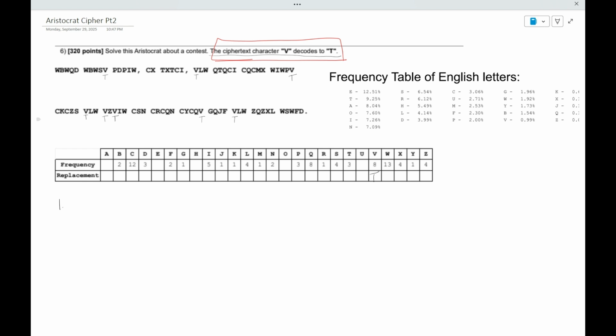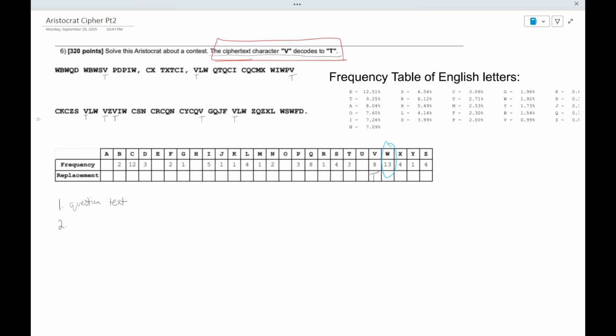Okay, so now that you've looked at the question text and done whatever the hint tells you to do, the next thing you need to do is look at the frequency analysis. Here you can see that W is the highest frequency.